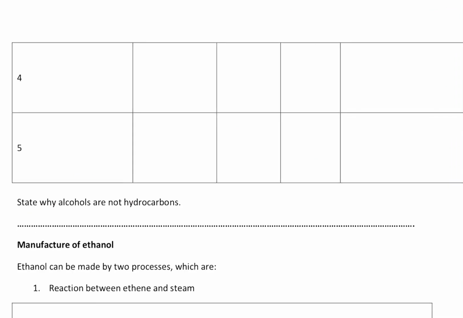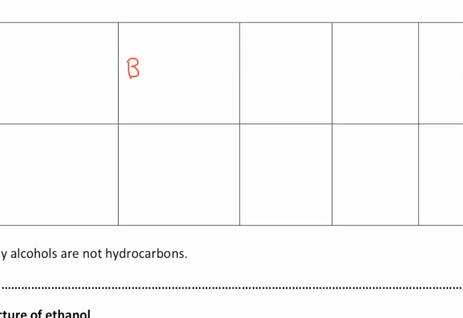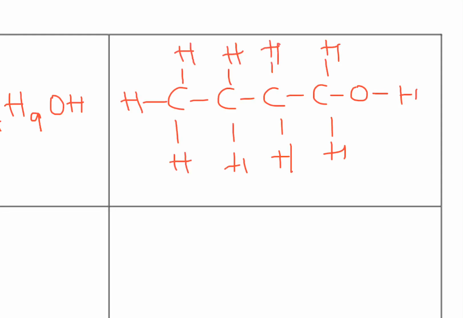Let's see for 4 carbons. It will start with but, so butanol, and it will be C4, 2 times 4, 8 plus 1, 9, OH. When you draw it, you will draw the 4 carbons, 1, 2, 3, 4, add the OH, and then fill up with hydrogen. Here you go.